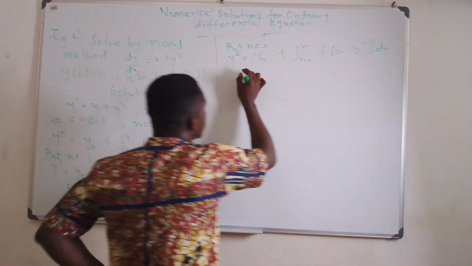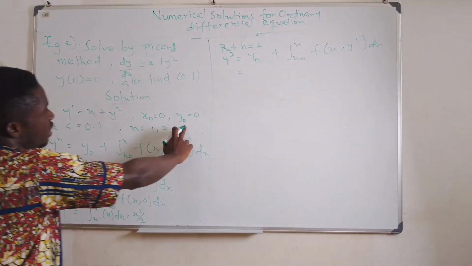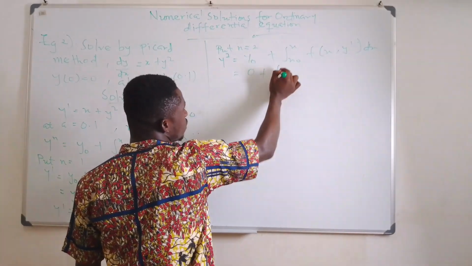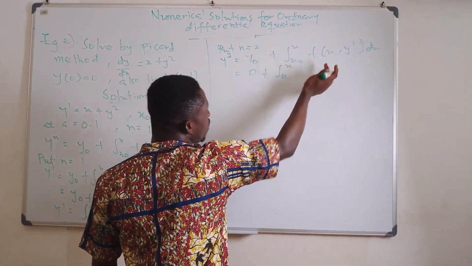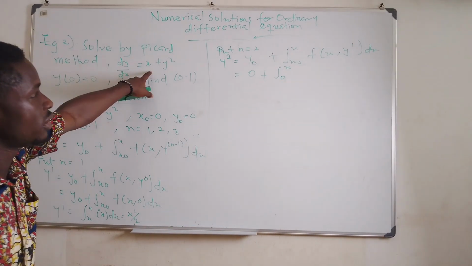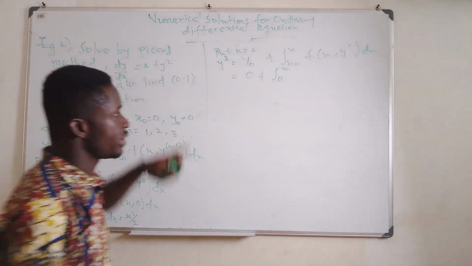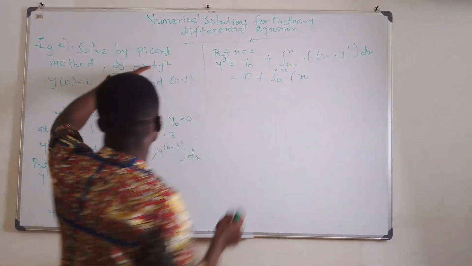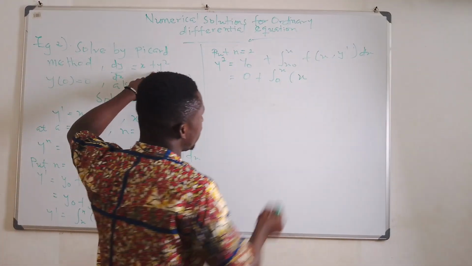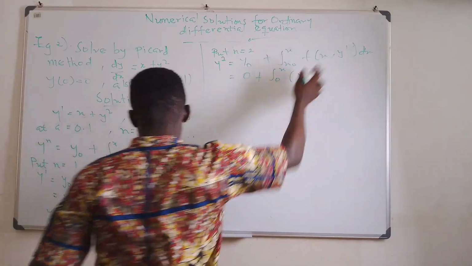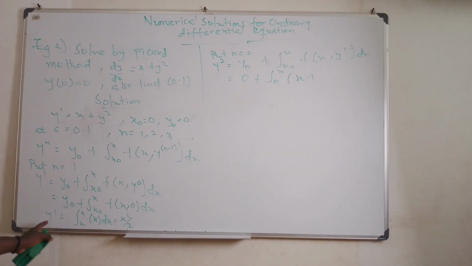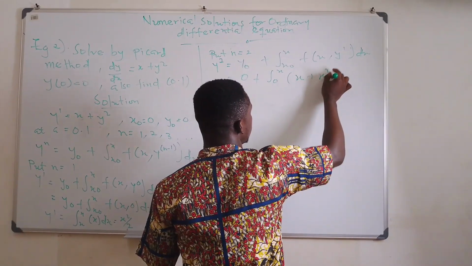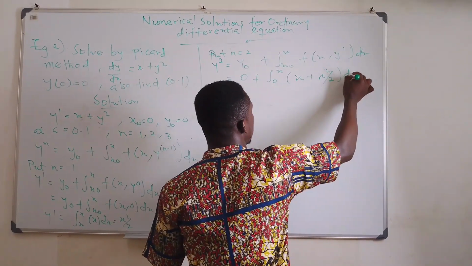We know our y naught is 0, so just write 0 plus the integral from 0 to x. This is your function, and we know that it is x plus y squared. So we write x plus, for the y power 1, we had x squared on 2, so we write x squared on 2, all squared, dx.